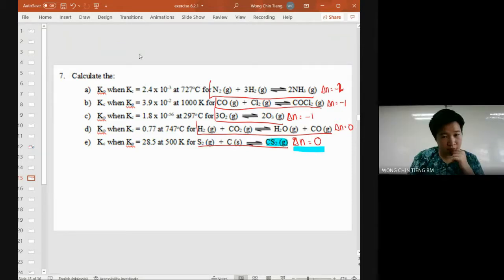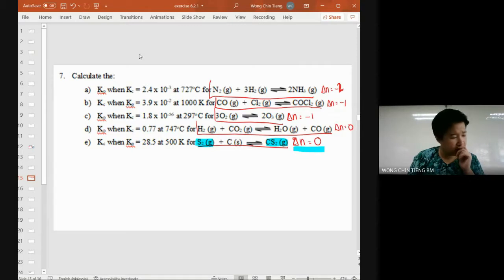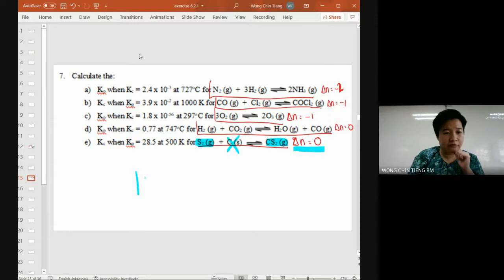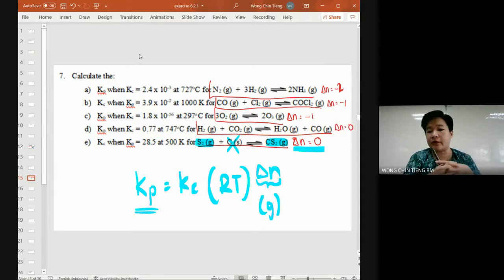CS is gas, so it is subtracted with S which is gas, 1 minus 1. Why don't we take the carbon? Because carbon is solid. Bear that in mind, the entire formula of your Kp equals Kc (RT) to the power of delta N. The delta N that we calculate is only for your gases because of Kp. Only gases can be taken. Solid, liquid, aqueous we cannot take.